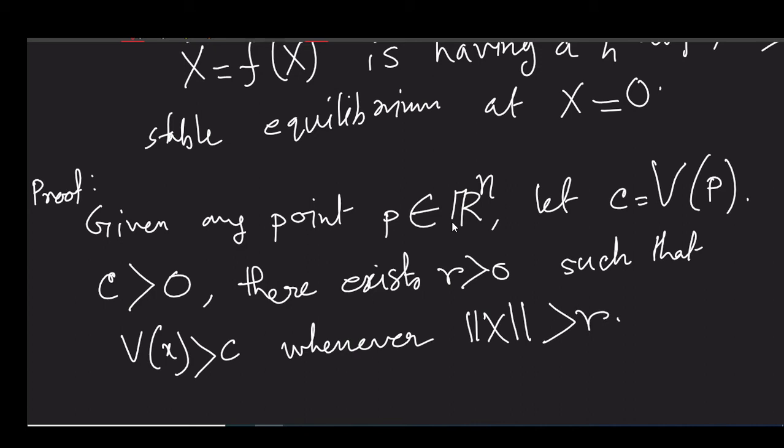So how do we define it? Let c equal V(p), where suppose p is at a distance r; there exists r greater than 0 such that V(x) is greater than c whenever norm x is greater than r.